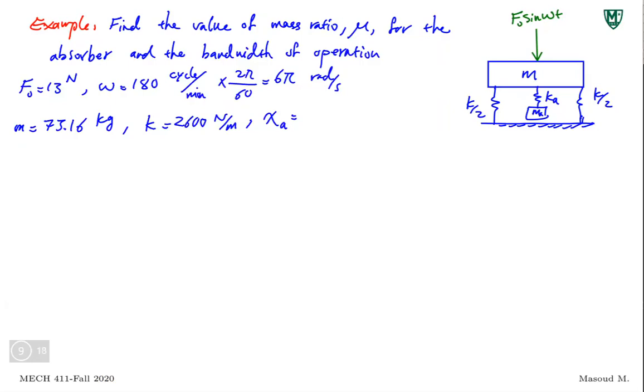You have limited space there, and that limitation should be met when you're designing this absorber. So XA is given as 0.2 centimeters. It's pretty small. Let me add a note: maximum displacement of the absorber.